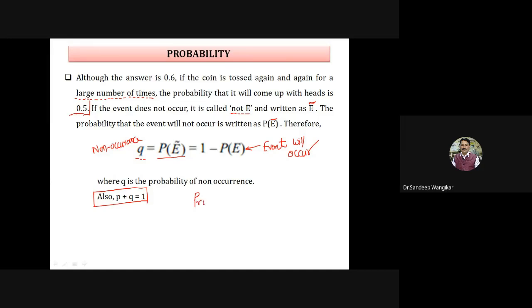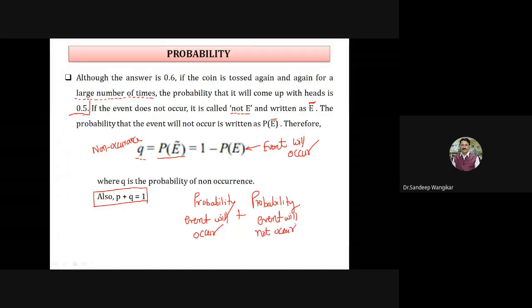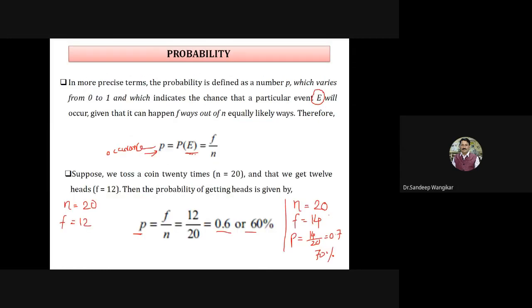So I can say here the probability that the event will occur plus the probability that the event will not occur is nothing but 1, and this should always be equal to 1. Once again, let me highlight this point.